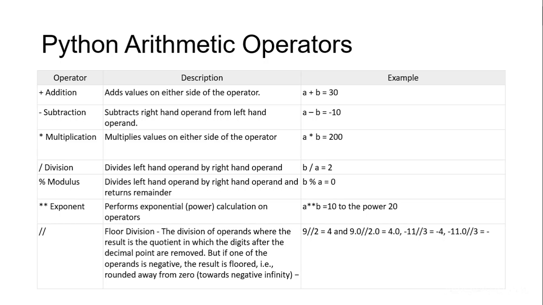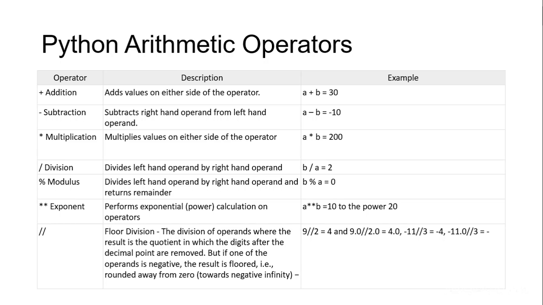And in the negative example we can check minus 11 divided by 3. Minus 11 divided by 3 is something like 3 point something, so it takes minus 4. Okay, so these are the arithmetic operators in Python.